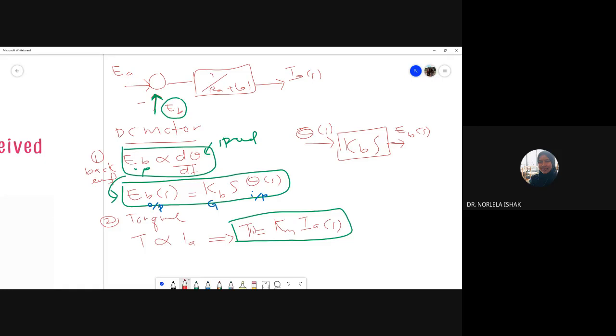So the second system, torque T proportional with IA. T is our output, IA is our input, right? Yes, okay. So just now, this is our output, this is gain, and this is our input.